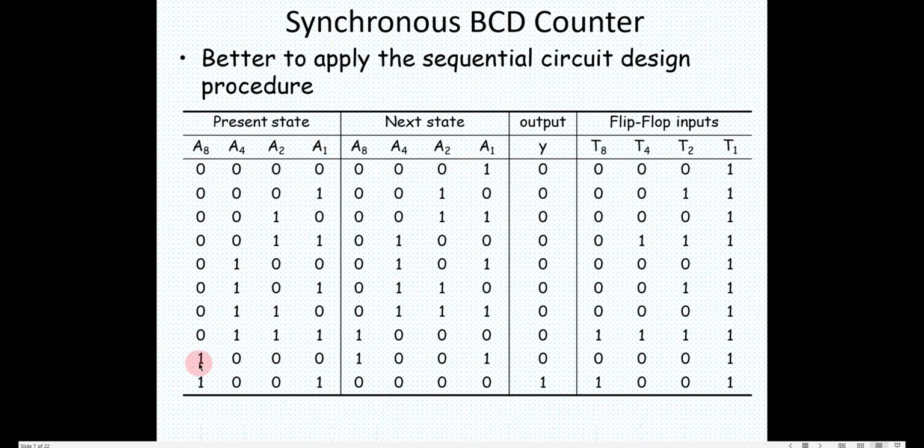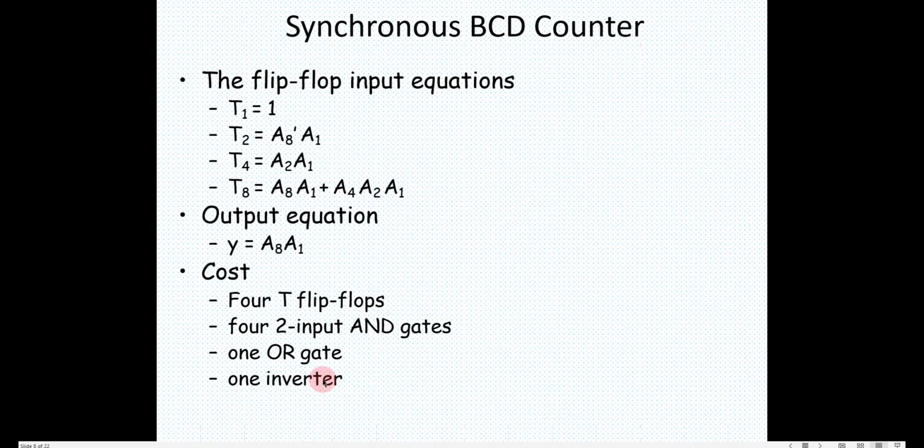So when this is 1, for these ones I have enabled because I have taken A8 bar, and here I am disabling this particular 1, because this one should not result in a toggle. So I am putting A8 bar, so that if I do an AND with this one, it will get masked, because it is becoming 0 here. So that is the reason I do this, right?